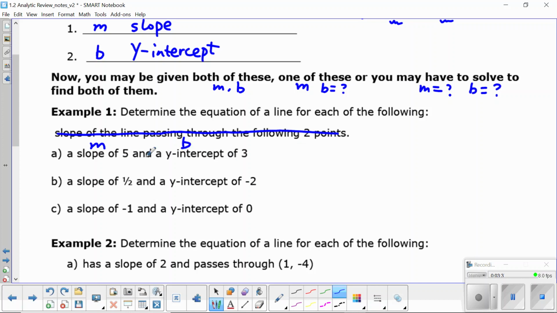If the slope m equals 5 and b equals 3, then the equation in slope-intercept form is this one. We just sub m equals 5 here and b equals 3 here, and you will have y equals 5x plus 3. Now you could pause this video and try B and C.